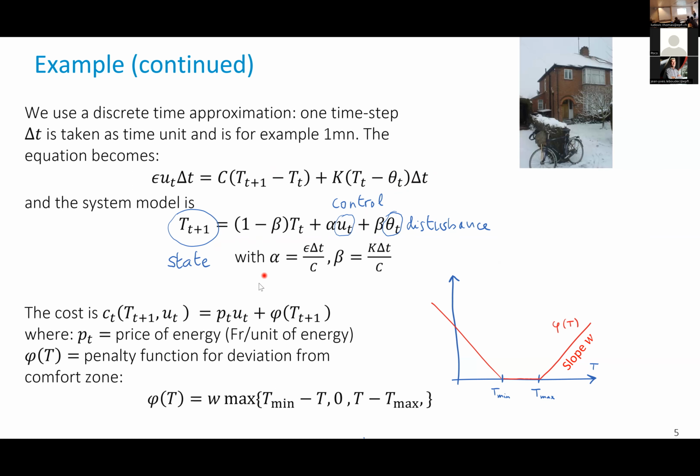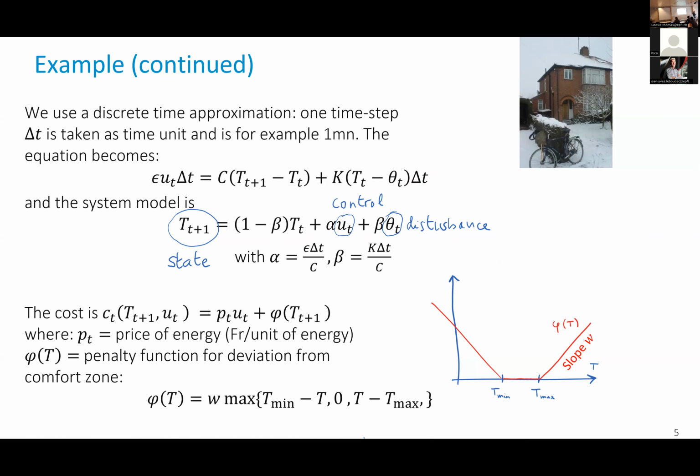Now, what is the cost? Well, the cost is how much we pay. That's this function here. Every minute we pay for the power we put into the heat pump. Plus here we would like to control the temperature. There are two ways we could do it.